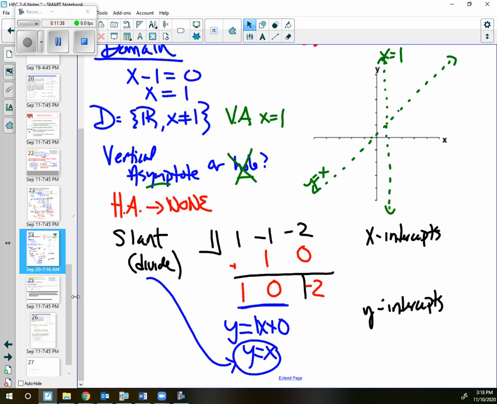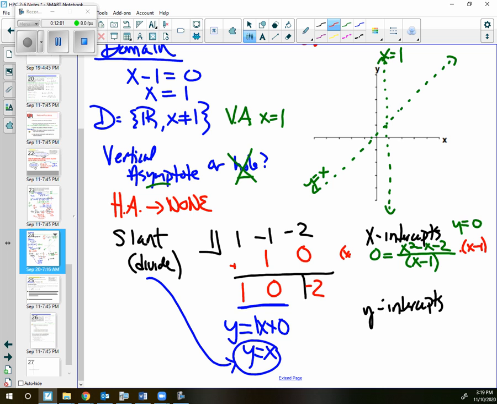All right, so how do we find an x-intercept? Well, you substitute in y equals 0 and you solve for x. So that means we're going to put in 0 and see if we can solve for x. So we have x squared minus x minus 2 over x minus 1. Now here's the deal. When you have something equal to 0 like that and it's a fraction, the very first thing I'd be doing would be multiplying both sides by this x minus 1.